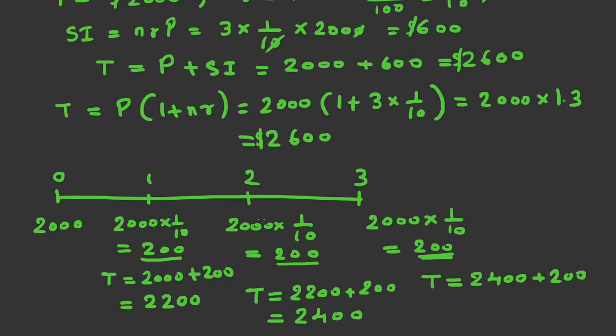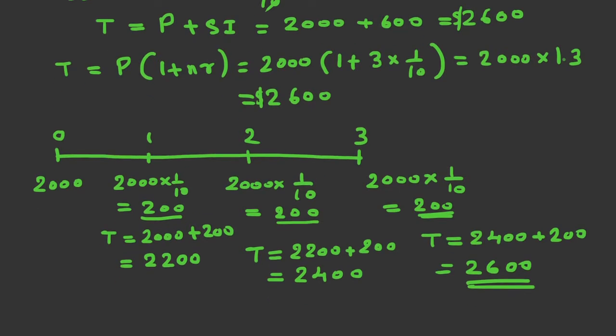Because at the end of the second period we have an accumulated amount of 2400, and the interest accrued at the end of the third period is 200. So 2400 plus 200 is equal to 2600. The accumulated amount at the end of the third year is 2600. That is the same as what we calculated here.